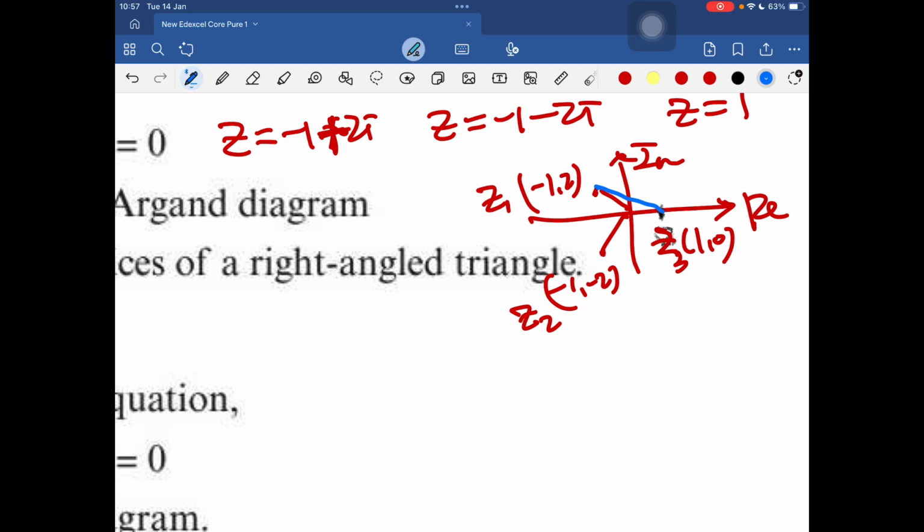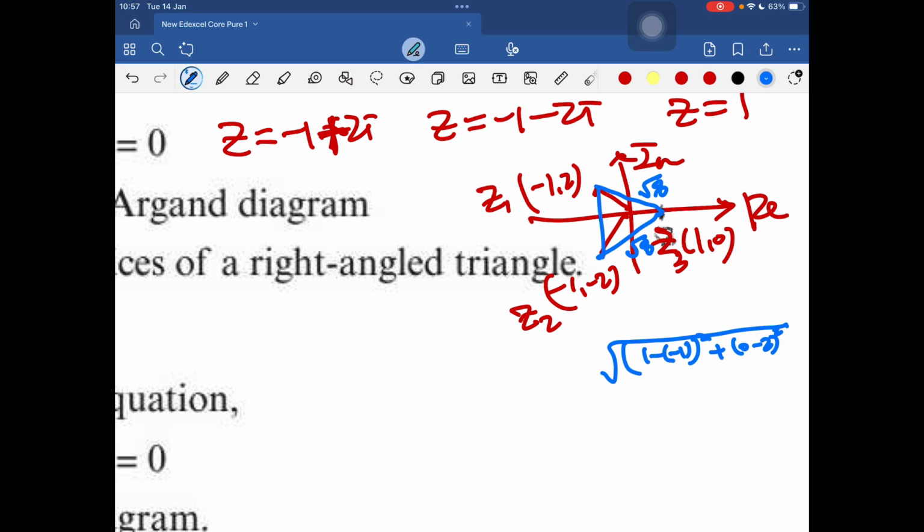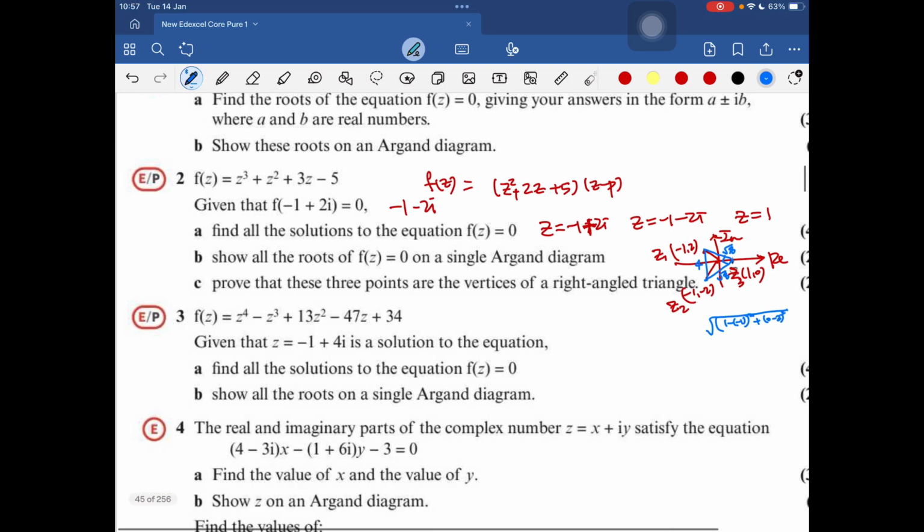So here, 1 comma 0 and negative 1 comma 2: 1 minus negative 1 squared plus 0 minus 2 squared, square root of 8, the same, square root of 8, and this one is 4. So we can tell this is a right angle because this satisfies the Pythagorean theorem.